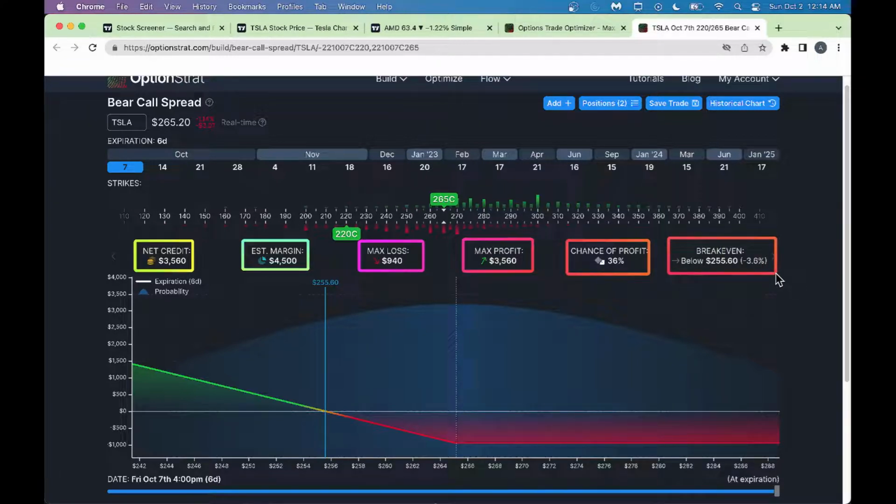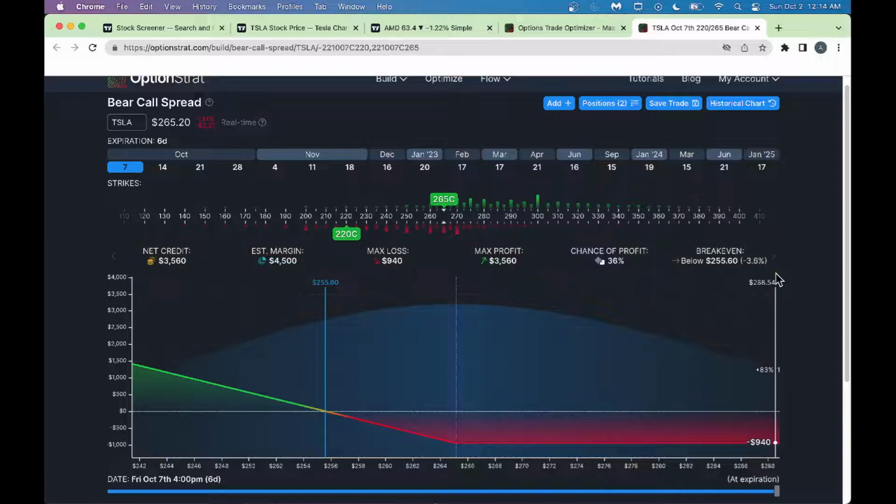So this is if you're bearish, if your hypothesis is the stock will go lower, and many times you don't want to take so much risk here. What you could do is lower the spread slightly. Right now, look, we got a nice spread, 220 to 265. That's a very big spread here, and you'll end up holding around $4,500 as your collateral, and this is going to be your buying power reduction.